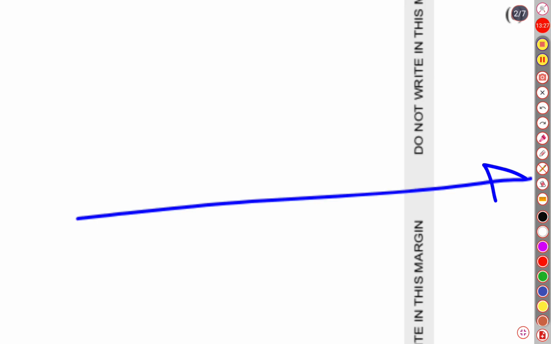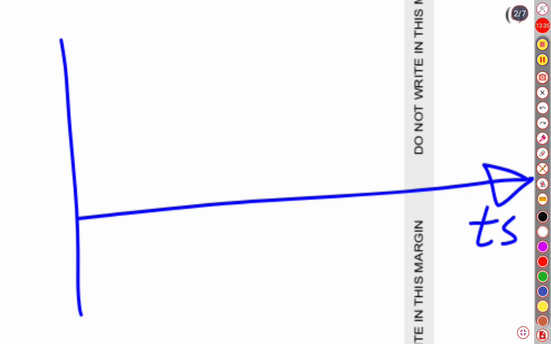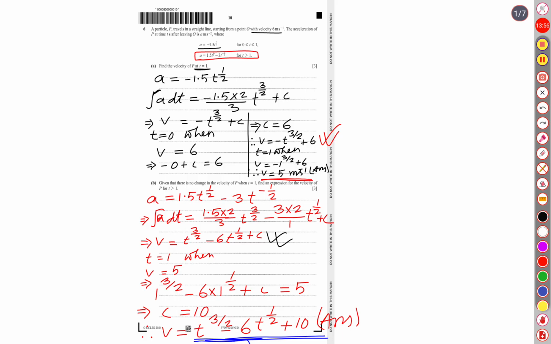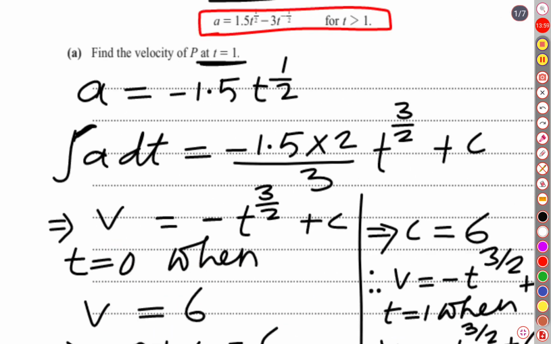So our graph will look somewhat like this. This is our t in seconds. The graph is not a mandatory part of your solution, yet I'm showing you so that you understand it better. This is v in meters per second. Initially, when the particle was passing through the origin, we have not forgotten that it was 6 meters per second.